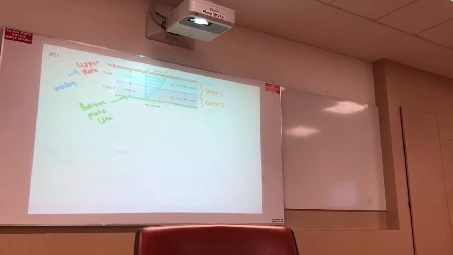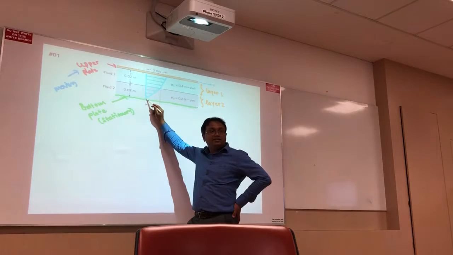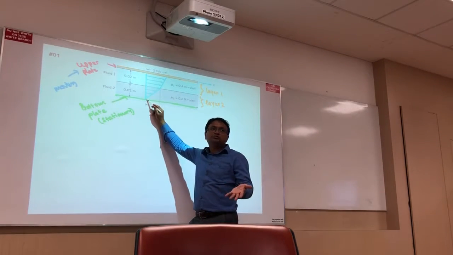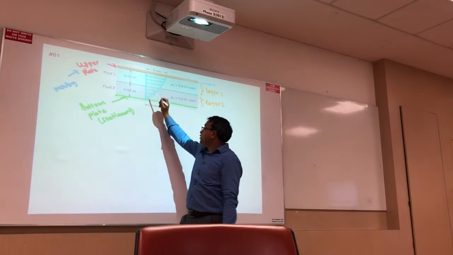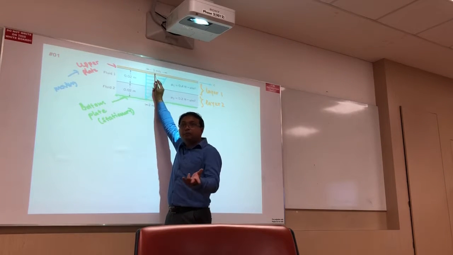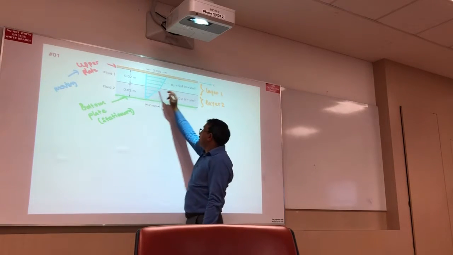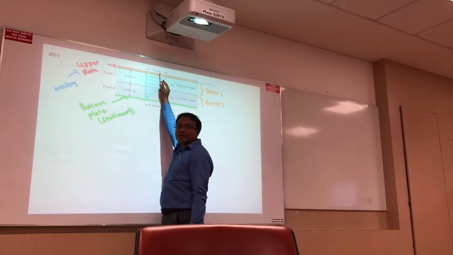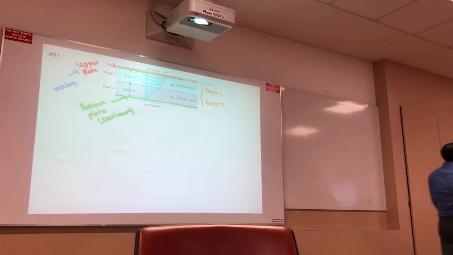So the velocity of this plate is 0. And the velocity of this plate is some number, which is u. It moves 3 meters per second. So this is the velocity of the upper plate.